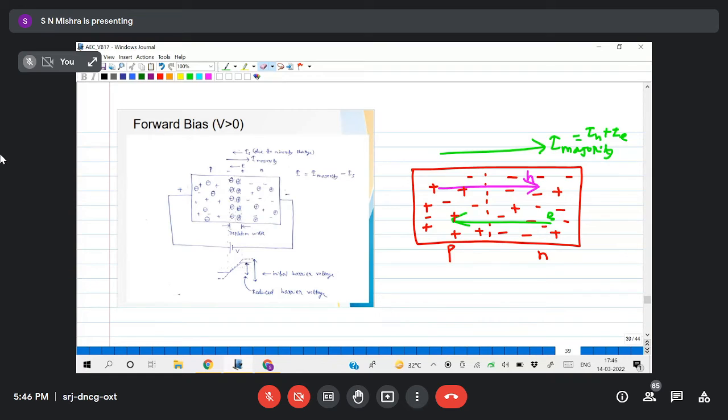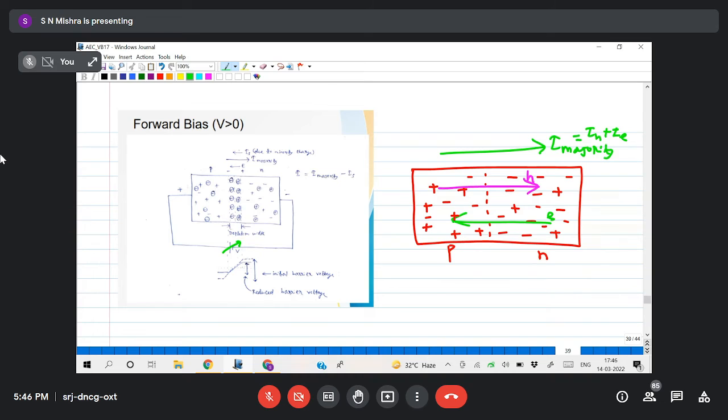Now, what about the minority carriers? Just now I explained whatever minority carriers are there. I am explaining one by one, but these things are happening simultaneously: the barrier reduction when I increase the voltage, and at the same time the carriers are moving.